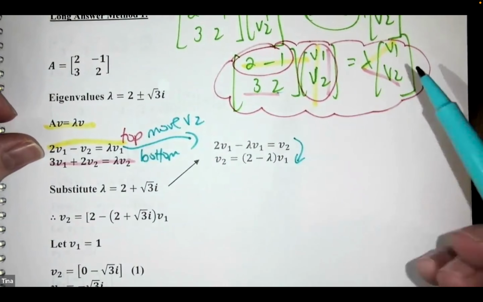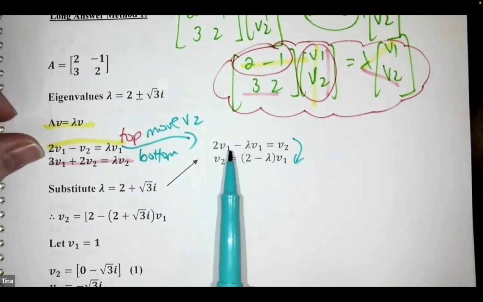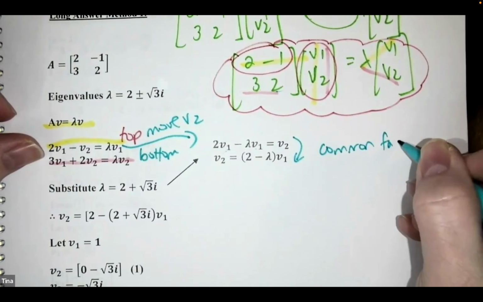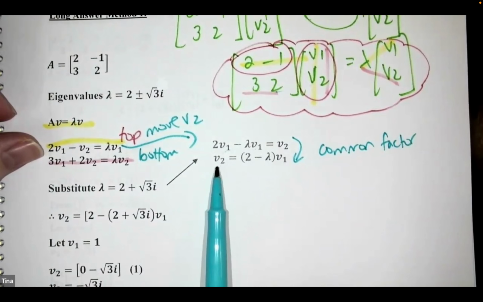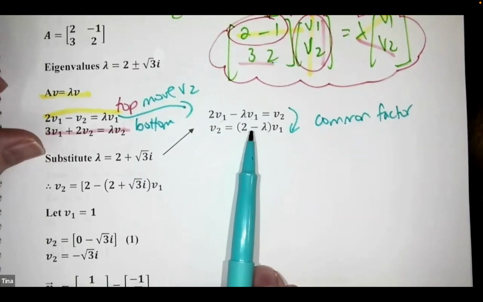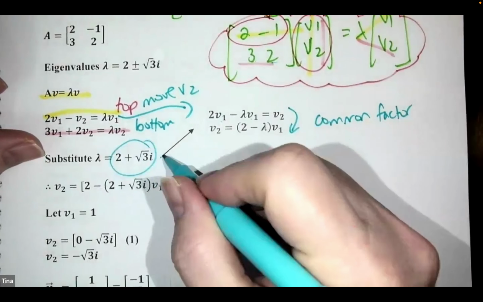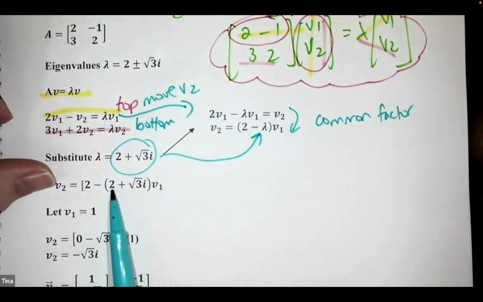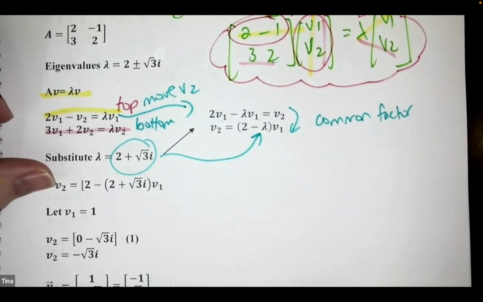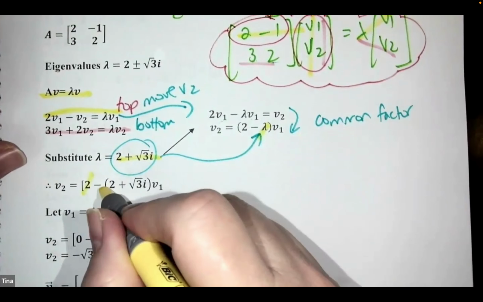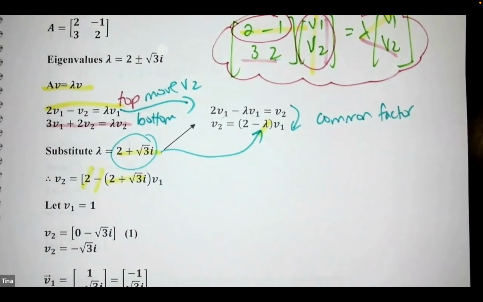Now from here to here, see how they both have a v1 in front? Common factor it. So take out the v1. Then v2 is v1 times 2 minus lambda. So now when you put this in, things are going to cancel out nicely. Because if your lambda is 2 plus root 3i, then v2 is 2 minus 2 plus root 3i.